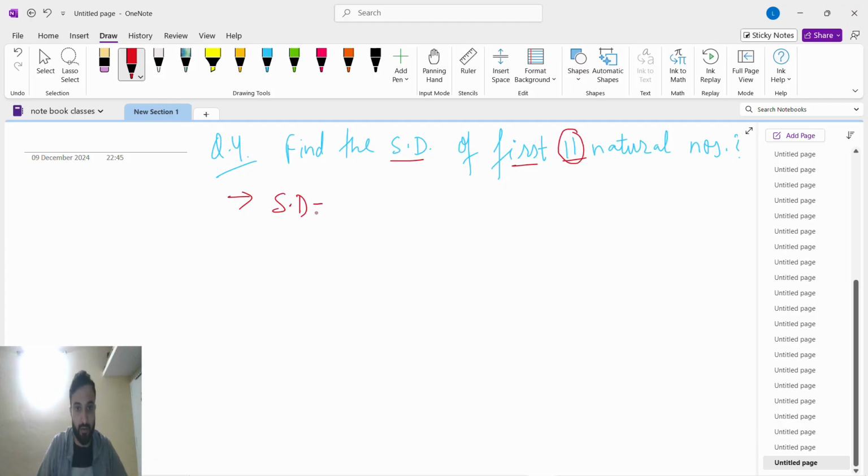The standard deviation formula for that is n square minus 1 by 12. So n is 11. 11 square is 121. 121 minus 1 is 120. Divided by 12. You will get 10 and then square root. 3.16 is the correct answer.